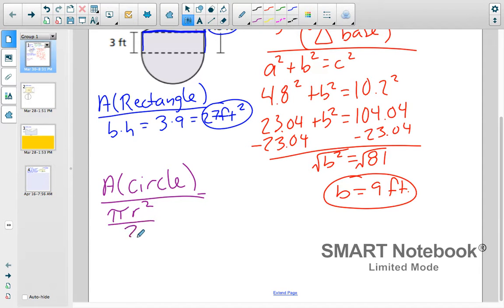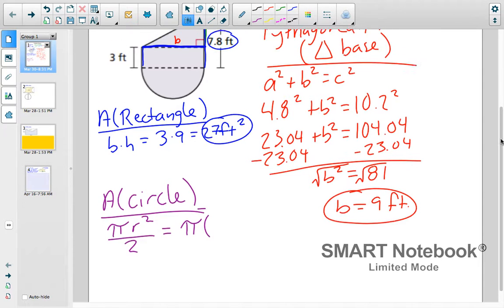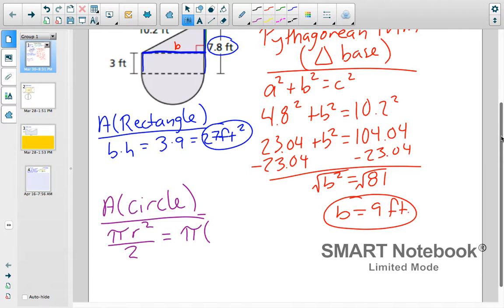So we're going to divide this formula by 2 in order to find the semicircle. So we take pi times our radius. We don't know the radius, but we know the diameter. It's 9. And that comes from part of the rectangle. Right here, that was 9. So take 9, divide it in half. That gets you the radius. In this case, it's 4.5.